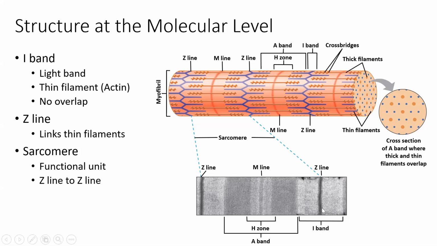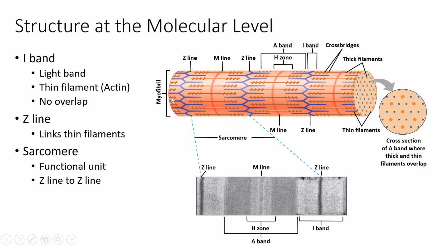And so we can describe a sarcomere, which is the functional unit of muscle. This is the area that is crucial, or the area at which the shortening of muscle is really brought about. We can describe that region as being from one Z line to the next Z line. So the area that is bordered by one Z line to the other is what we call a single sarcomere.